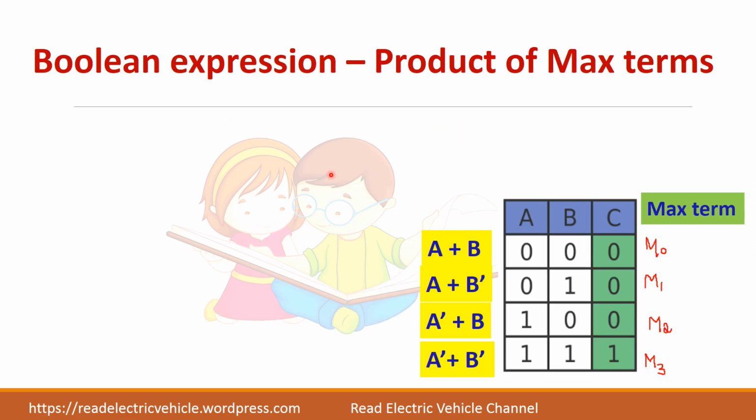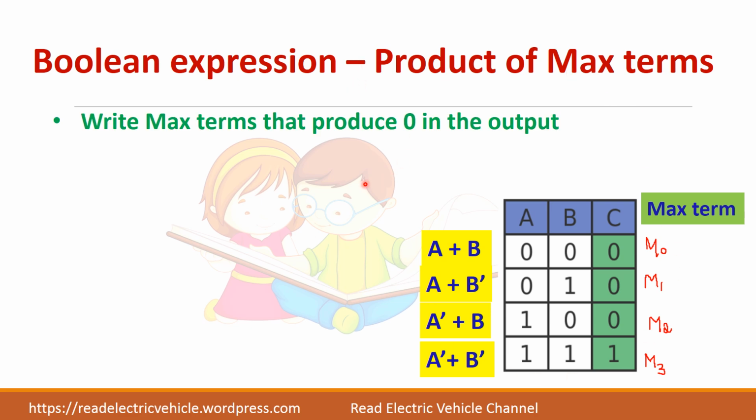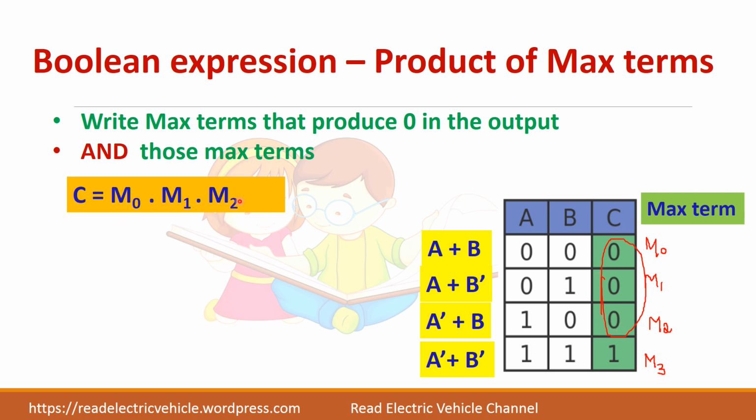Now we will see how to express the Boolean function in terms of product of Maxterms. First you identify the Maxterms which produce 0 in the output. Here M0, M1, M2 all three have 0 in the output. Then you combine those items with AND, which means product.